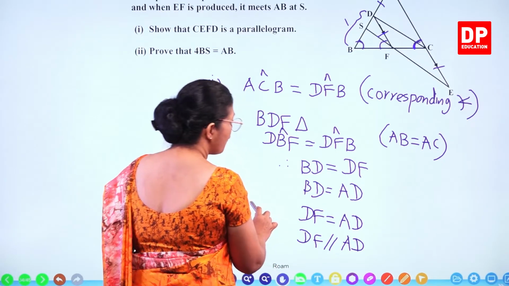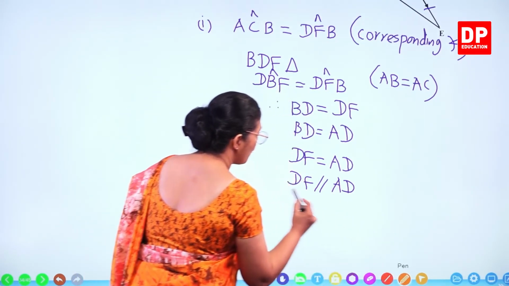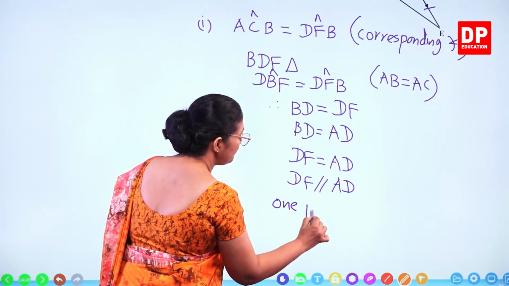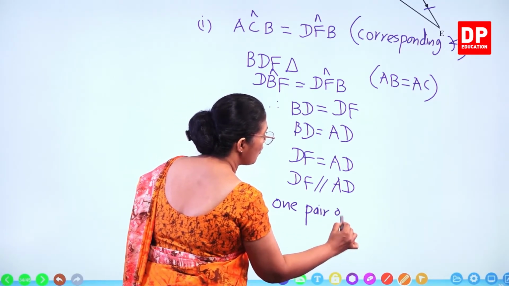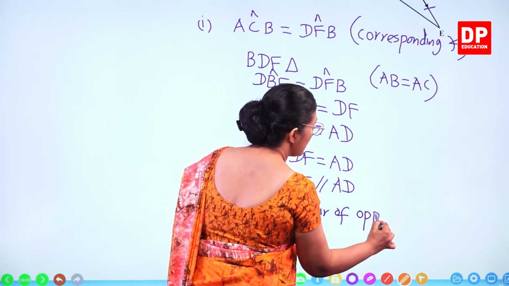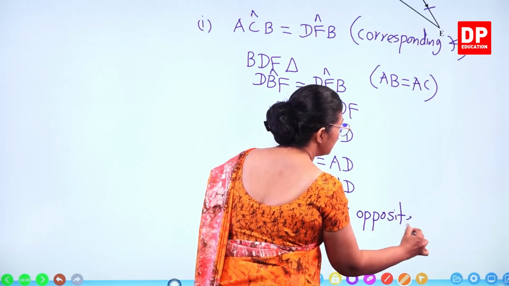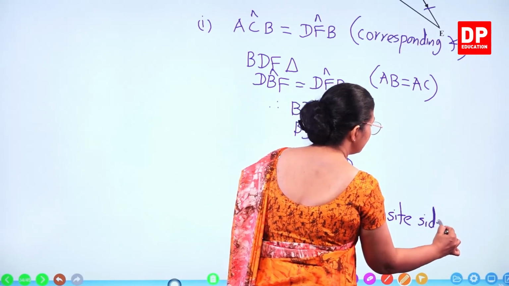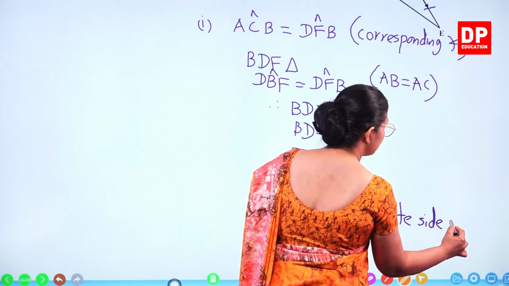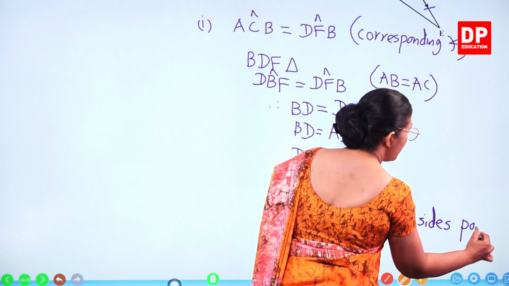So one pair of opposite sides parallel and equal.